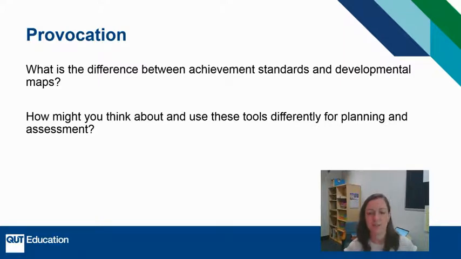Using such resources interchangeably can help understand where students are at, what they need next, and what the goals are for further learning, because the achievement standards are really about expected learning outcomes. So have a think about how you might use these tools differently for planning and planning for assessment.